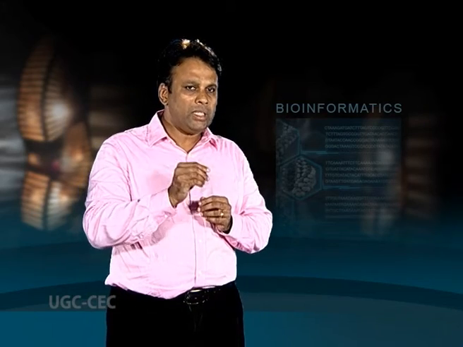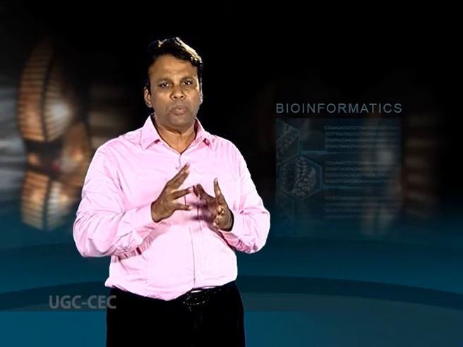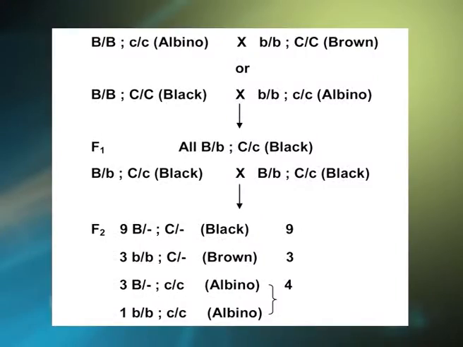The small c constitution produces a standard recessive epistasis modified ratio in the following cross. Now, we look at a cross between albino and brown, or black with albino. In the F1 generation, the progeny are black.